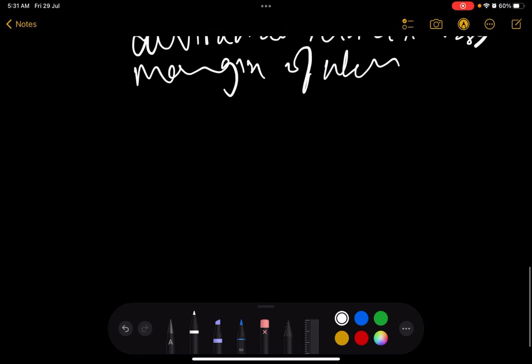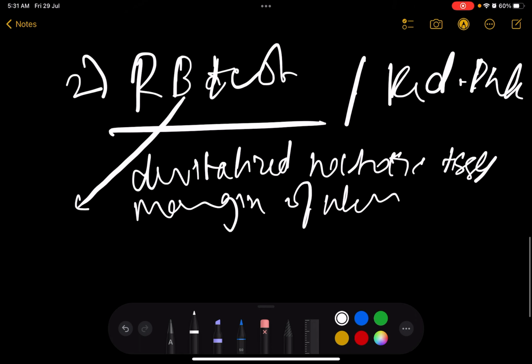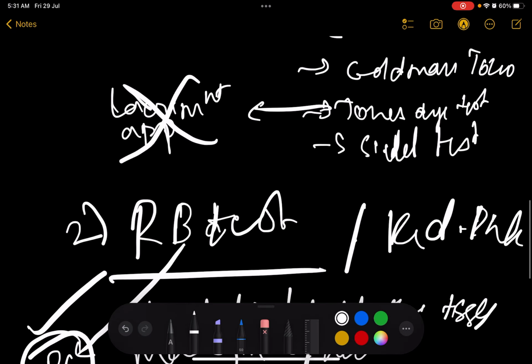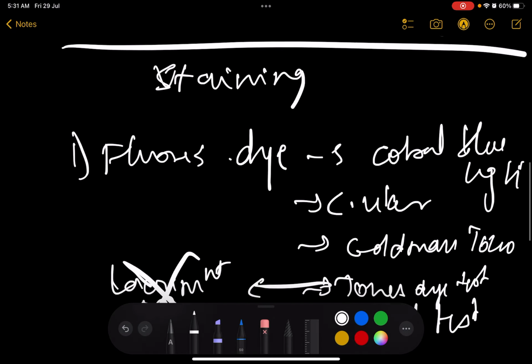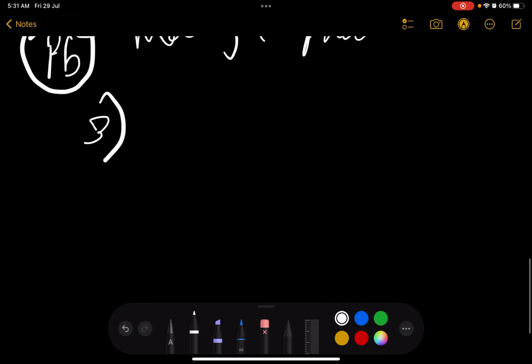Next, it can lead to lead toxicity. This is the rose Bengal test. How do I remember? See, in Bengal, there are a lot of guns, and it leads to lead toxicity. That's how I remember, because guns have a lot of lead in them. A stupid way of remembering. Fair enough.